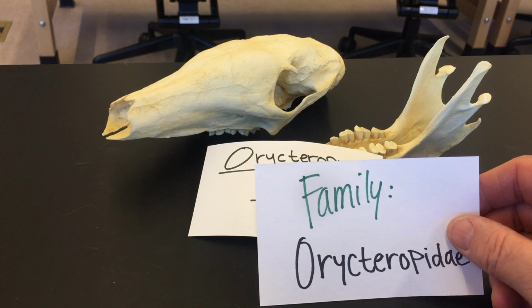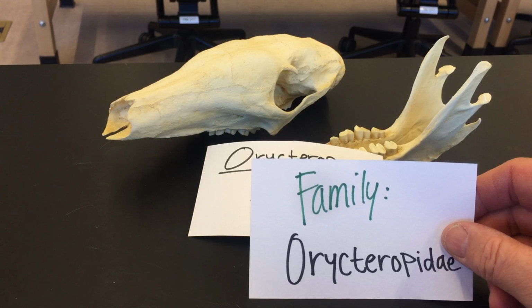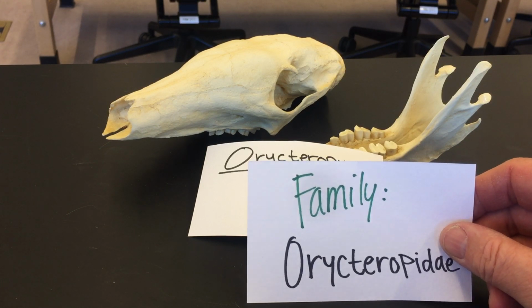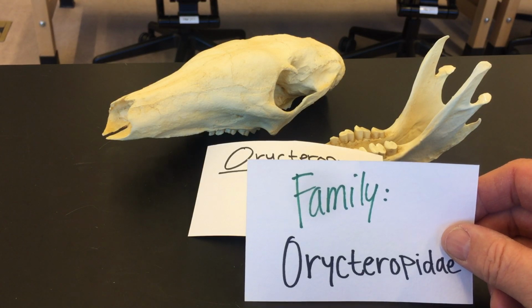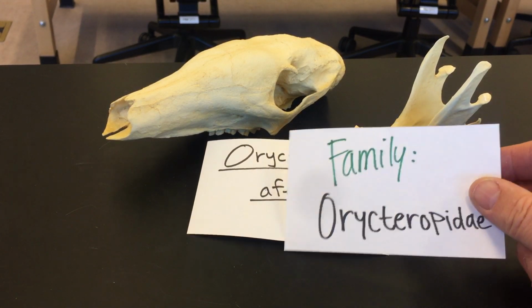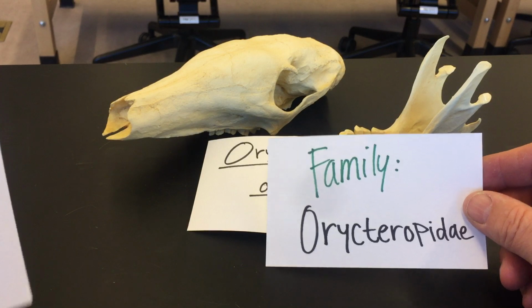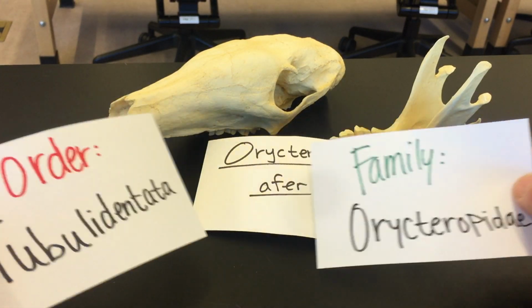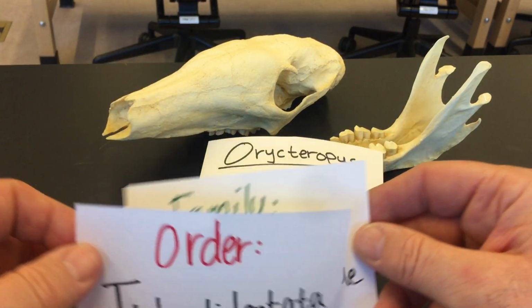The taxa that you need to know, and the various groupings from order to family and even to species, are in bold in your handout. And this is one of those families, the Orycteropodidae. So that one kind of runs off the tongue fairly easily. So order Tubulidentata and family Orycteropodidae.